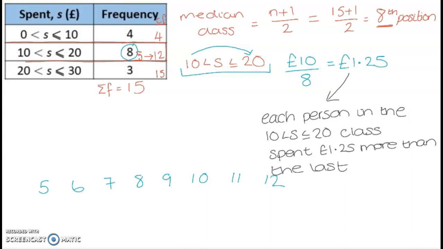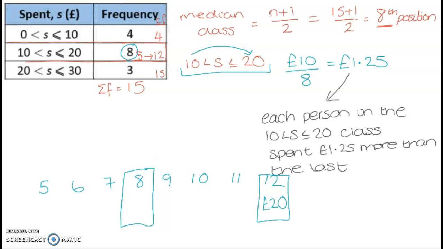I also know that when I plot a cumulative frequency graph, I always plot the upper bound with the cumulative frequency for that category. So person 12 here would be plotted at £20. I'm then going to use this to help me find out what my median person would get, which is the 8th position.